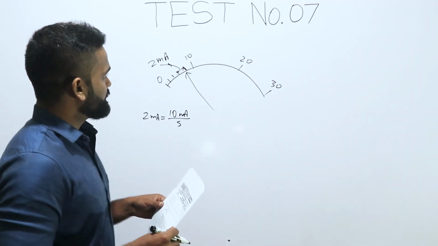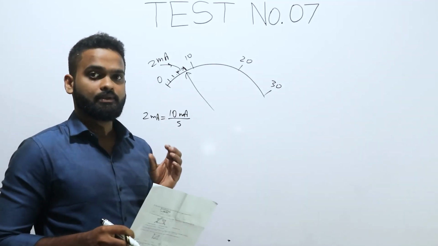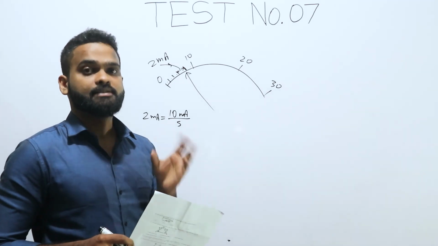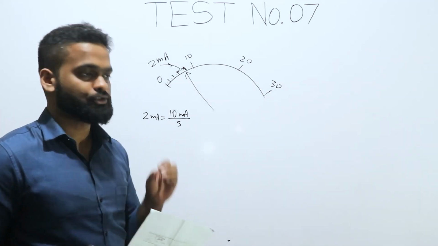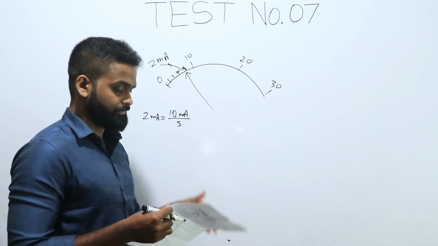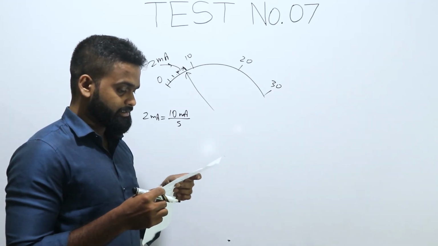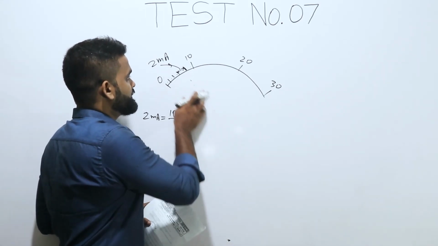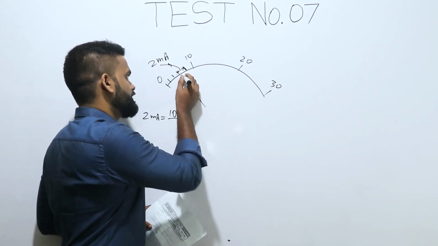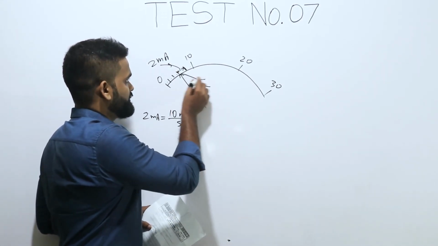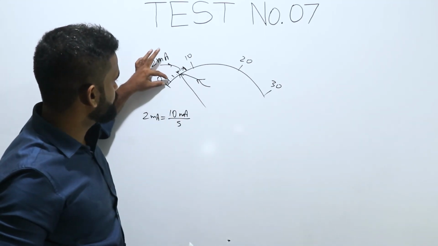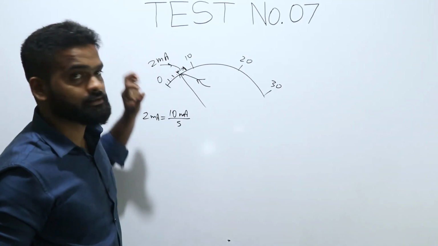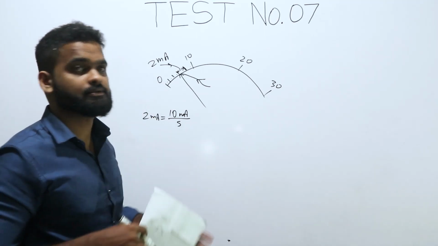Okay. Then we can figure out the zero error. Zero error should be the value indicated here. So the pointer here is directed towards the third mark. The value of the third mark should be 2, 4, 6.